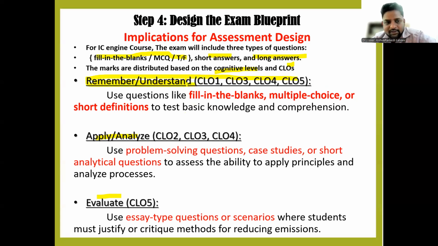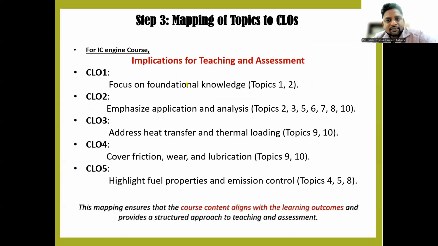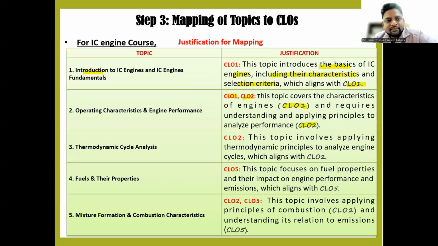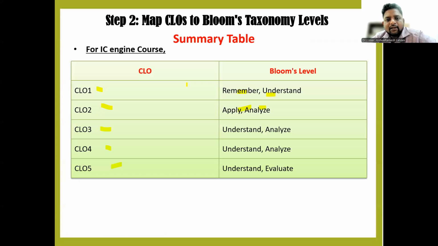You can go and check how I wrote this. I just summarized: remember and understand will be CLO1, and CLO3, CLO4 and CLO5 also understand. And analyze will be common for CLO2, 3 and 4.